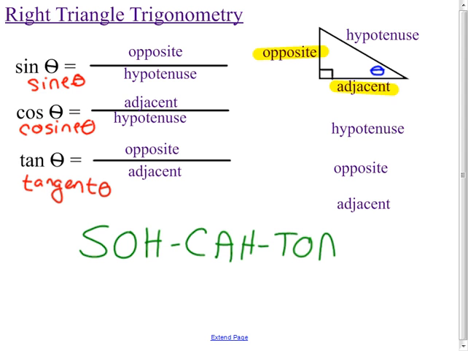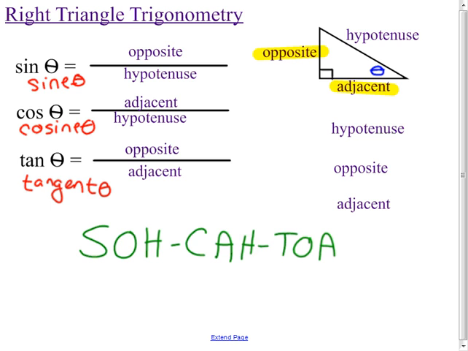If you want to see some great videos that students have made over the years, search YouTube for SOHCAHTOA videos. There are some awful songs that go with it. But if it helps you remember, you have to remember which ratio it is. Sine is opposite over hypotenuse. Cosine of your angle is adjacent over hypotenuse, and tangent is opposite over adjacent.